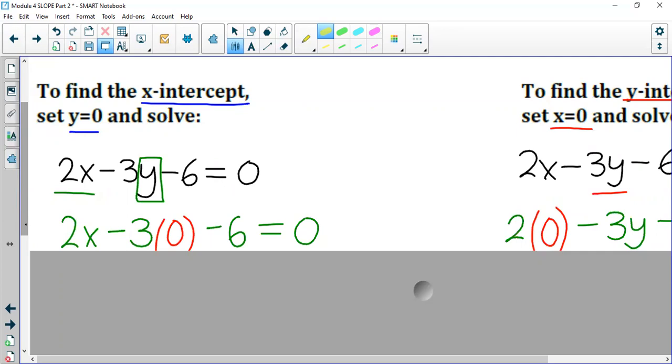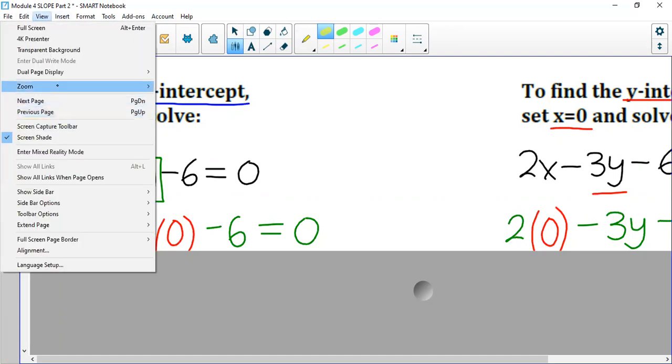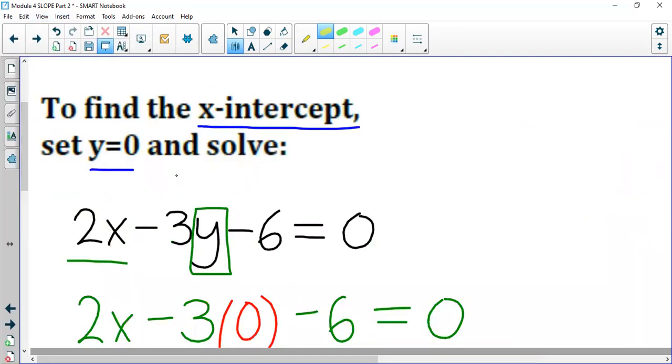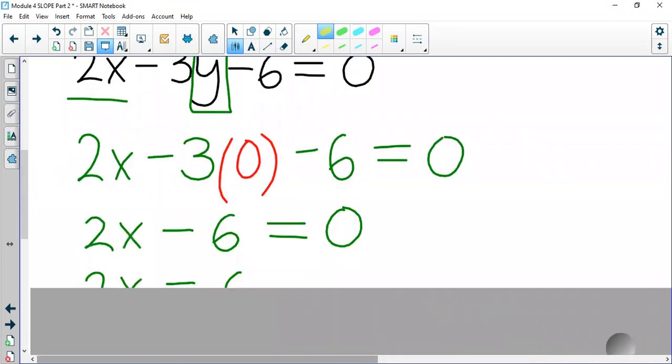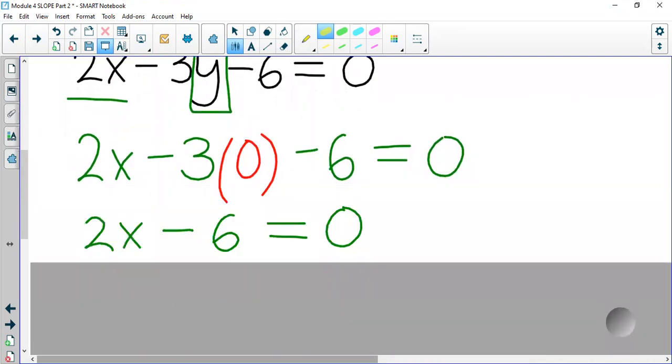So instead of 2x minus 3y, you're going to put in 2x minus 3 times 0 minus 6. And that's going to give me 2x minus 6, because the negative 3 times 0 just disappears.